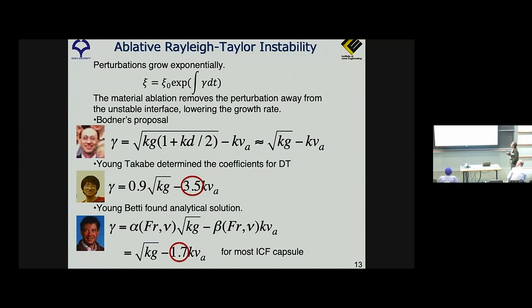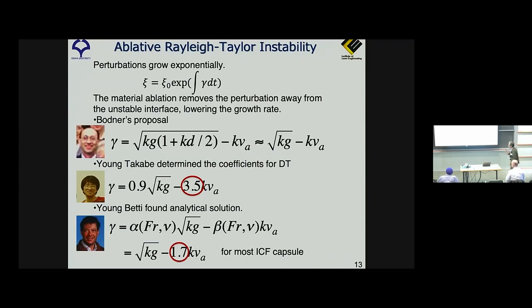There is a long history. Steve Bodner, NRL, initially proposed, okay, if there is a classical growth rate, root kg, then the growth rate should be reduced by kVa.